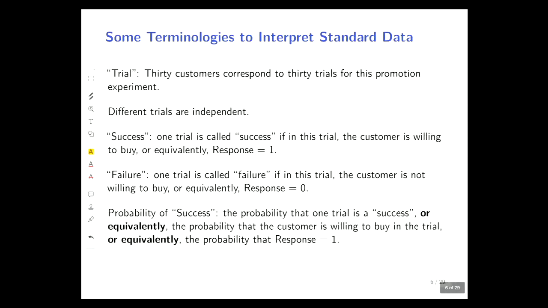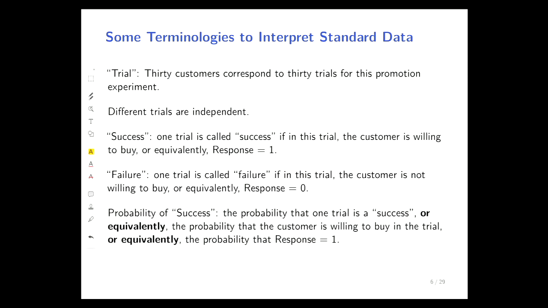Then let's look at some terminologies to interpret this data, because later we are going to use these terminologies to help us establish, actually it's not a new model, but a model using these new terminologies. Firstly, we have something called a trial. So what's a trial?